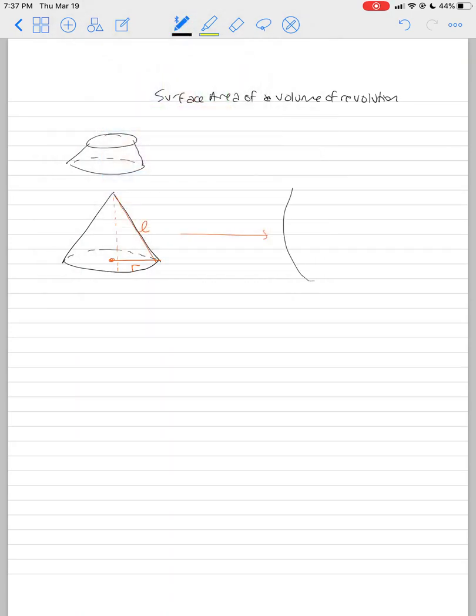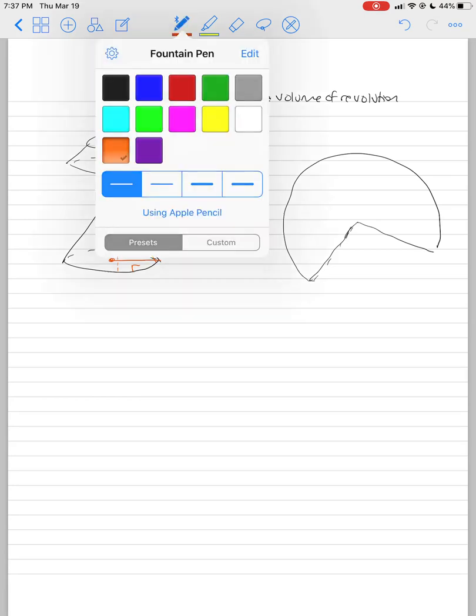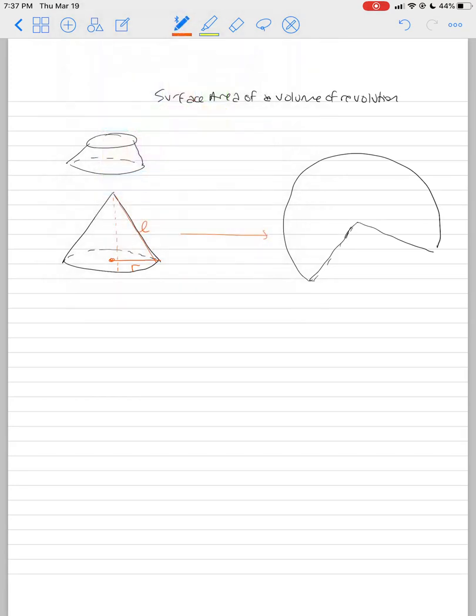Well, I'd get part of a circle, right? Because if you glue these two sides together, it would form that cone. Now the L, well that's what I cut along, so that's this side, so it actually turns into the radius of the circle.